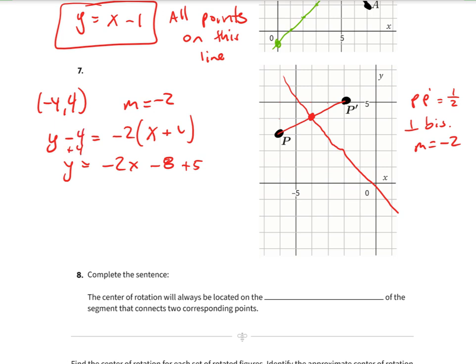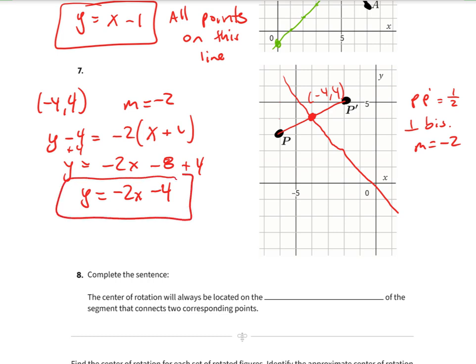And this would be plus 4. I got the wrong point there. So it's negative 4, positive 4 at this point. Sorry about that. All right, so this gives us y equals negative 2x minus 4. So any point that falls on this line is going to be good.